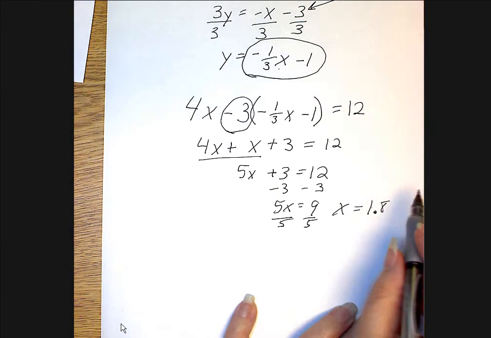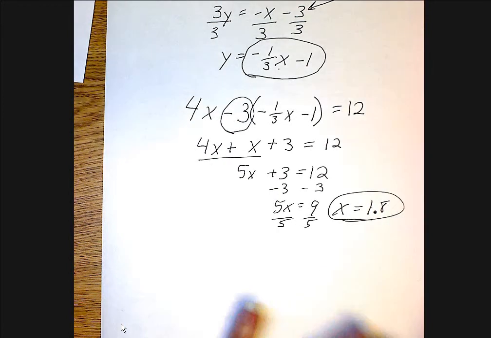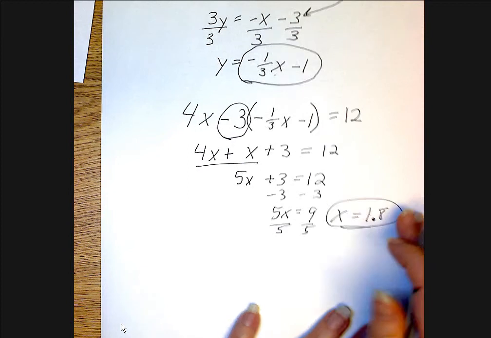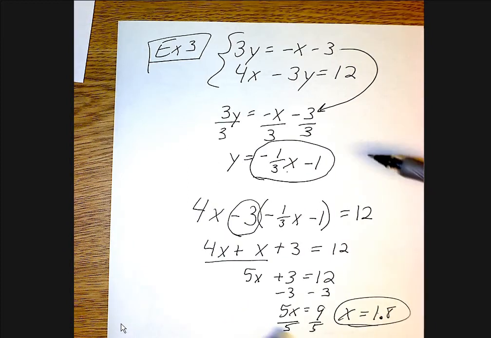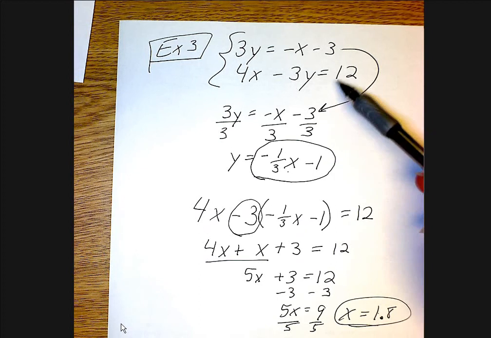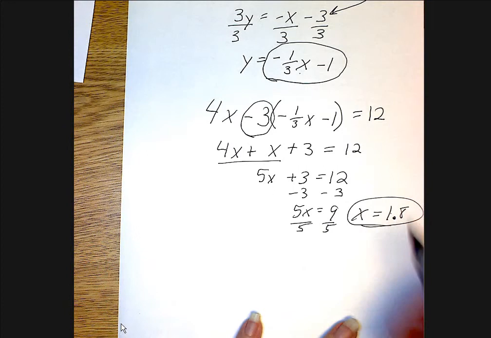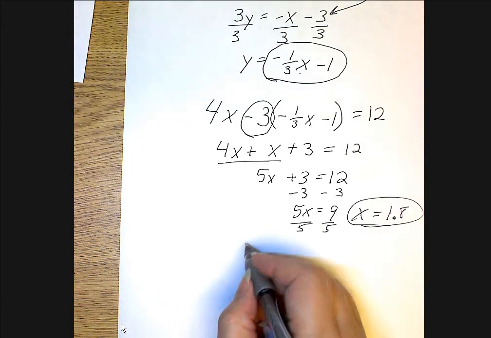How do I find out what my y is? Yep, you could do it for this one, or I really recommend you always take it to one of the tops just in case you did some error. So then you know that those were the original. So I'm actually going to take it to, actually it probably won't matter because we didn't make the mistake.